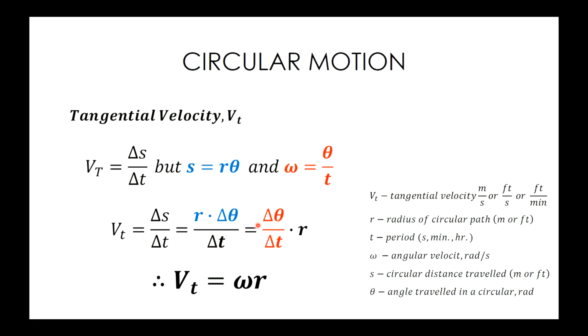Wherein, babalikan natin yung angular velocity, theta over time siya. So, pwede nating i-write to as angular velocity lang. And then, add lang natin ulit yung r. So, magka-come up tayo sa ating formula na tangential velocity is equal to angular velocity times radius.